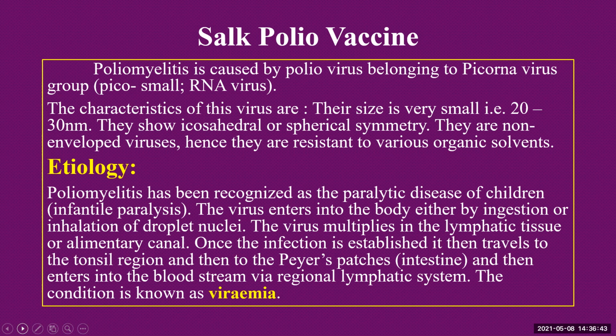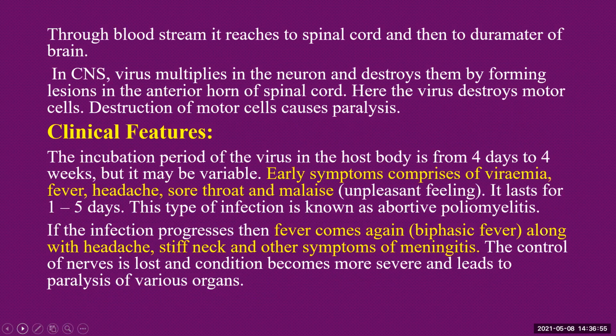The presence of virus in blood is called viremia. Now, through the blood stream, the organism reaches the spinal cord.